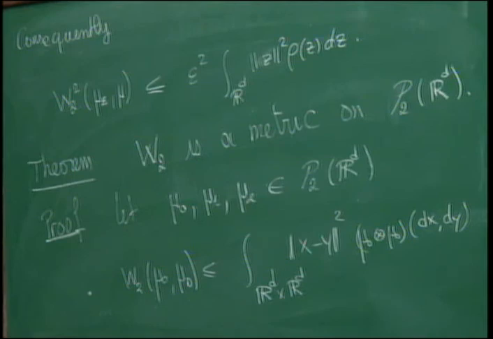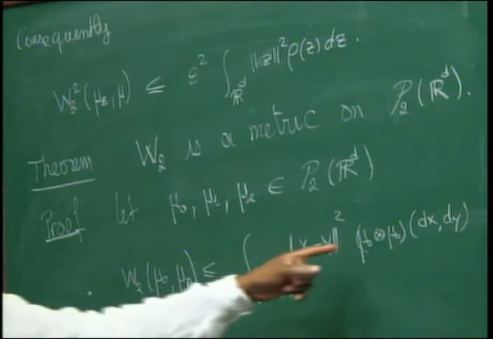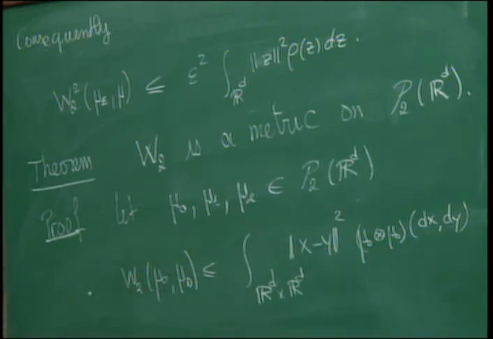But s equal to y, mu naught cross mu naught almost everywhere. So this is 0.